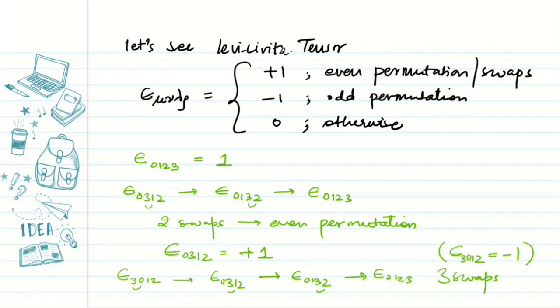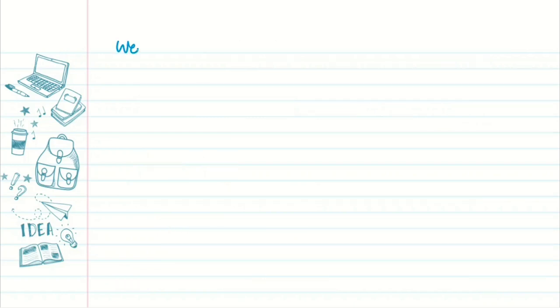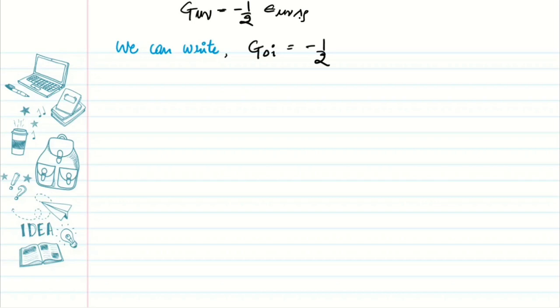Let's derive its elements. We can write G0i using the equation. What is the equation? G mu nu is equal to minus half epsilon mu nu lambda rho F lambda rho. We are just finding G0i, so this will be epsilon 0 i j k and F jk, where the indices j and k will not take the values 0 or i.